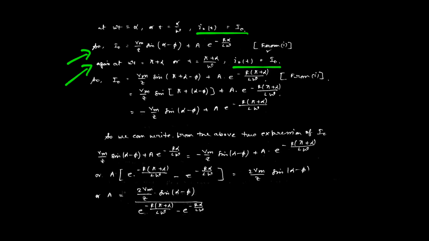So we can express I0 equal to Vm by Z sin(pi plus alpha minus phi) plus A into e to the power minus R into (pi plus alpha) by L omega, from the same equation 1. After simplification, we can rewrite the expression as minus Vm by Z sin(alpha minus phi) plus A into e to the power minus R into (pi plus alpha) by L omega.